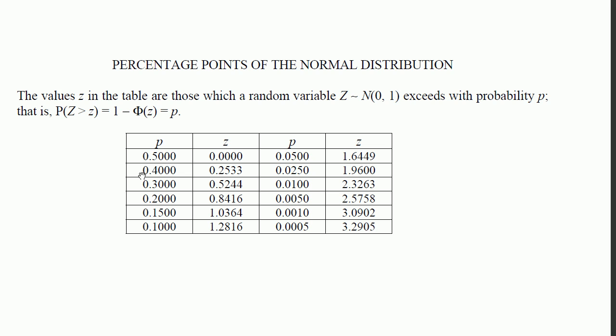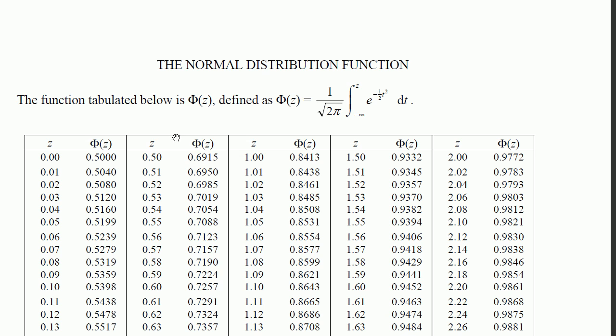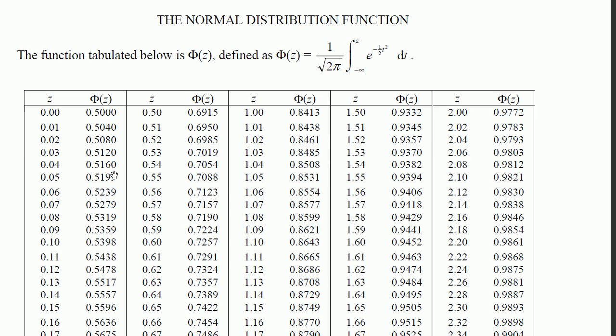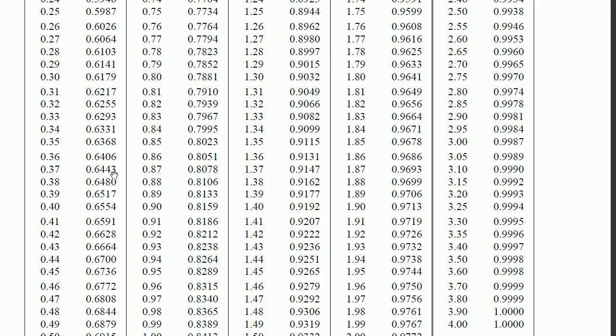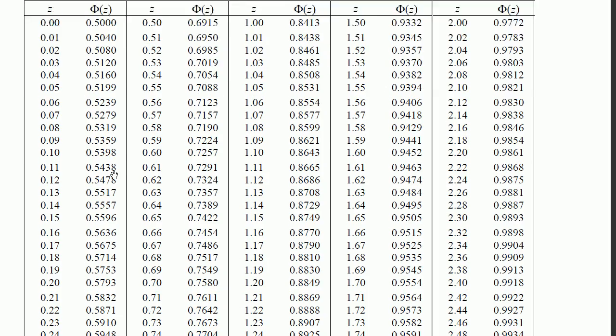For example, when you have a probability of, suppose, 0.3, it is 0.55244. If you look at the other table where you have probability, you're looking for a probability of 0.3, so you don't have a probability of 0.3.